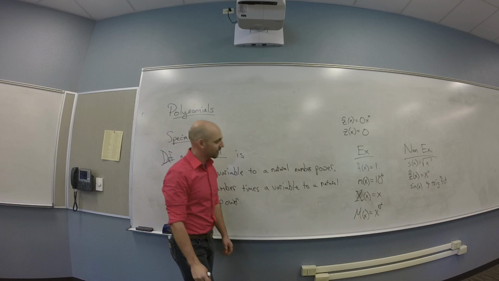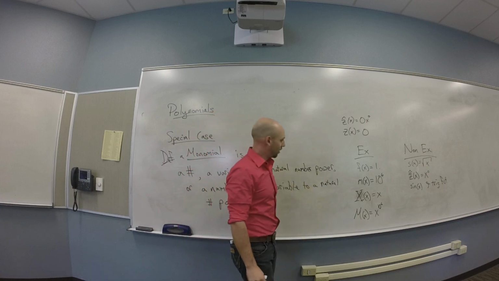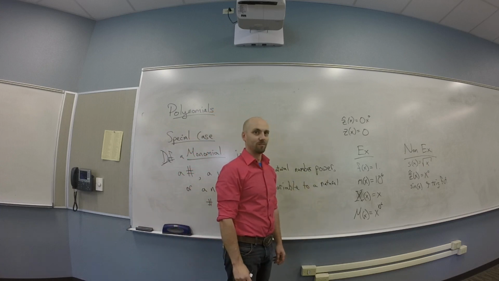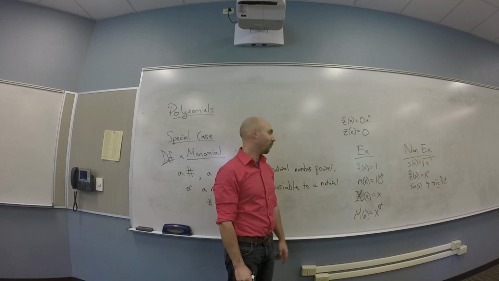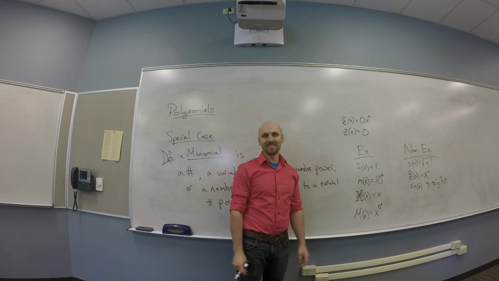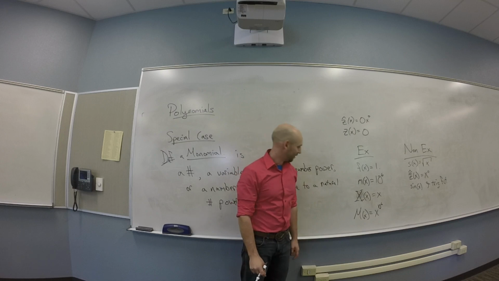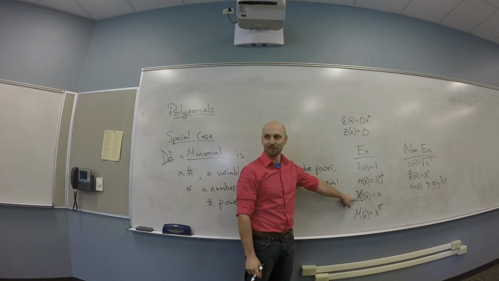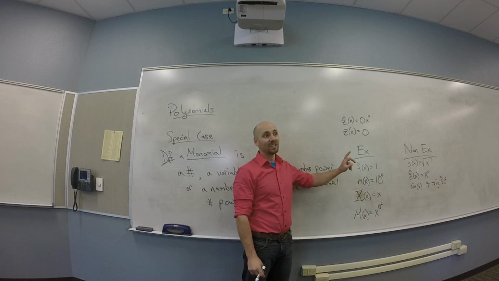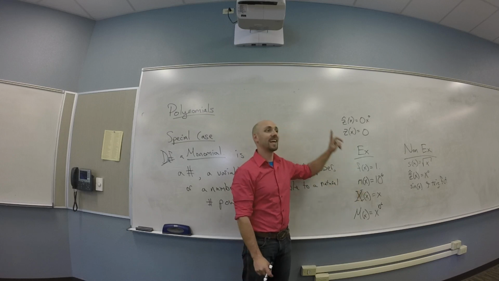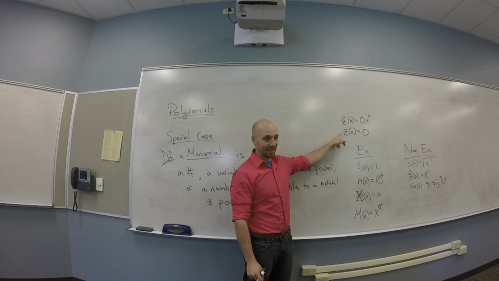Let's see, what's your favorite example of a monomial that you use all the time? 1, good. What's your second favorite example? I already have my second favorite example, x, right? So 1 and x and 0, that's a good one too.